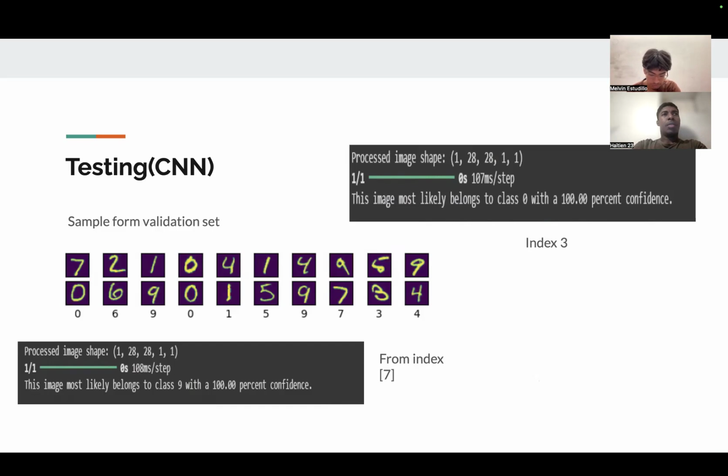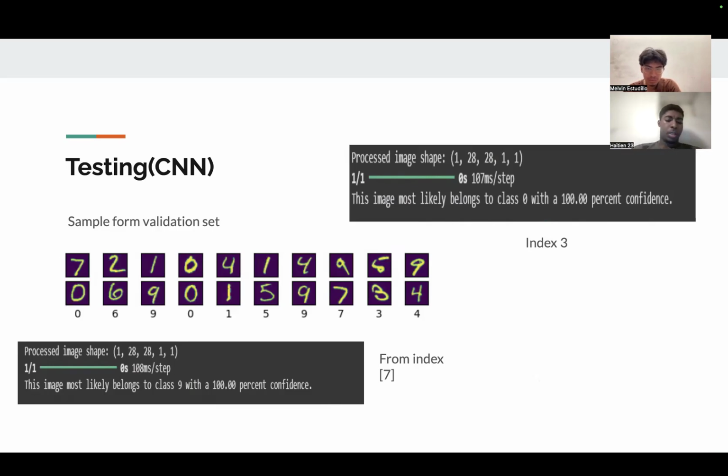So I would say it would have been fine if we trained for maybe 5 or 6 epochs as opposed to 10. But besides that, the accuracy was also present in the testing set.